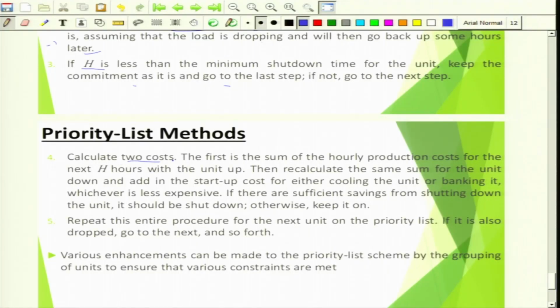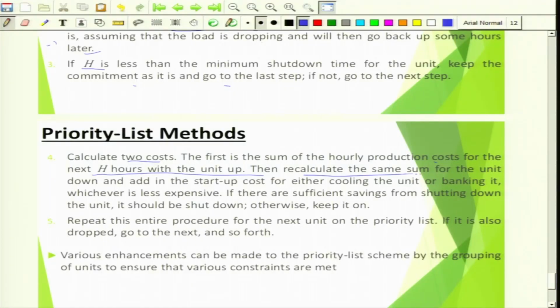What economical operation is there? Economy means cost. Now you calculate two costs. The first is the sum of the hourly production cost for the next H hours with the unit up. Considering you are not bringing down the unit, it is up, feeding the load, and you are keeping the system as it is. You find out the cost, right?